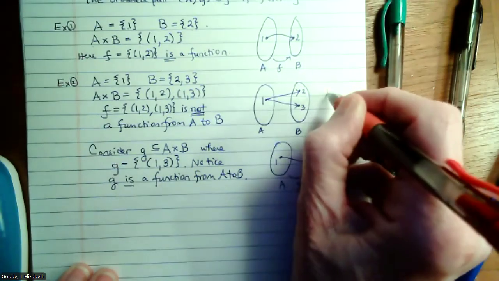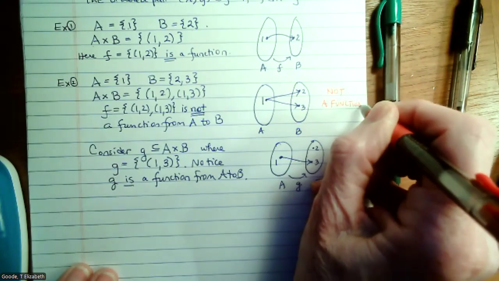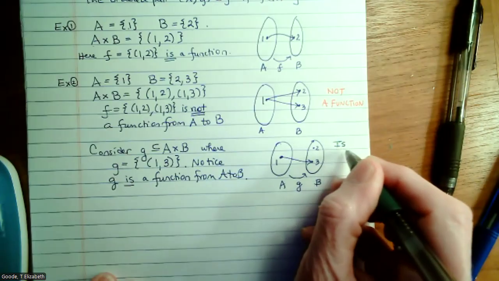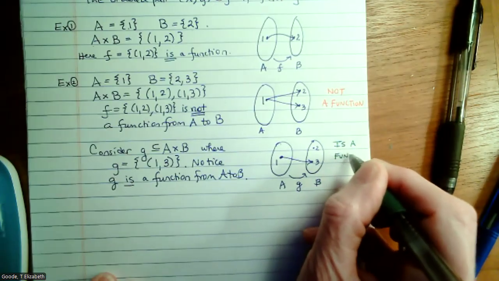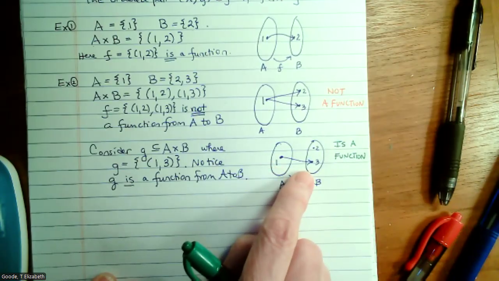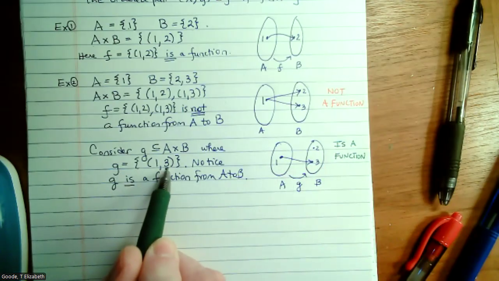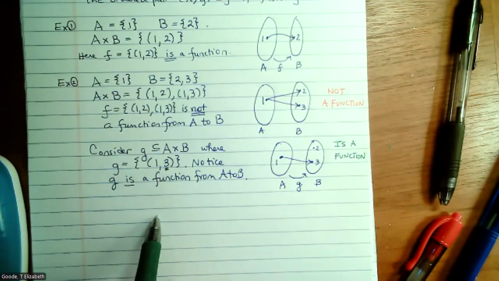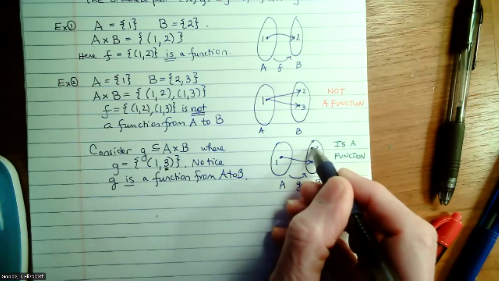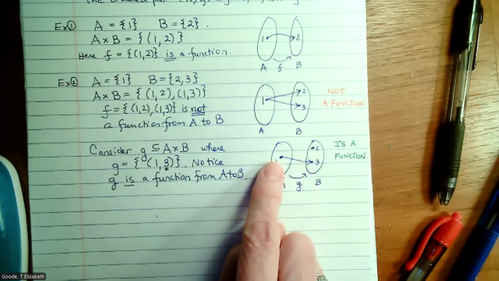So this is not a function, but this is a function, and it's a one-to-one function because no element of the codomain appears more than once as a second coordinate, but it's not onto because the element 2 in the codomain is not paired up with any element from the domain.